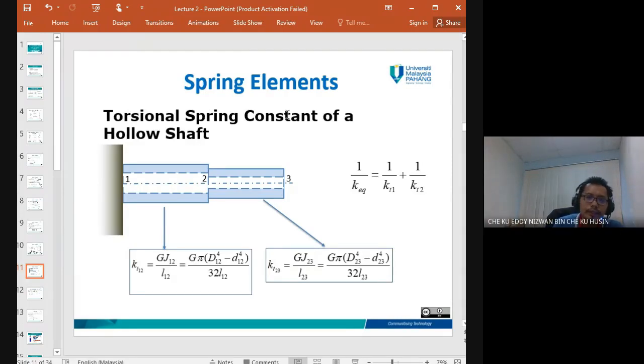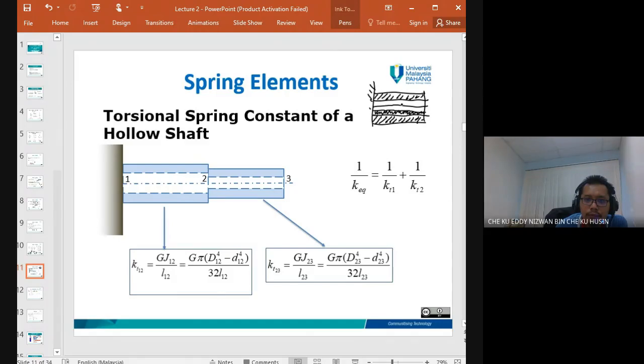But for the case where you put the hollow bars side by side, like this example, so this is fixed. This is a hollow shaft, and then you add another hollow shaft inside that, which is a different material.